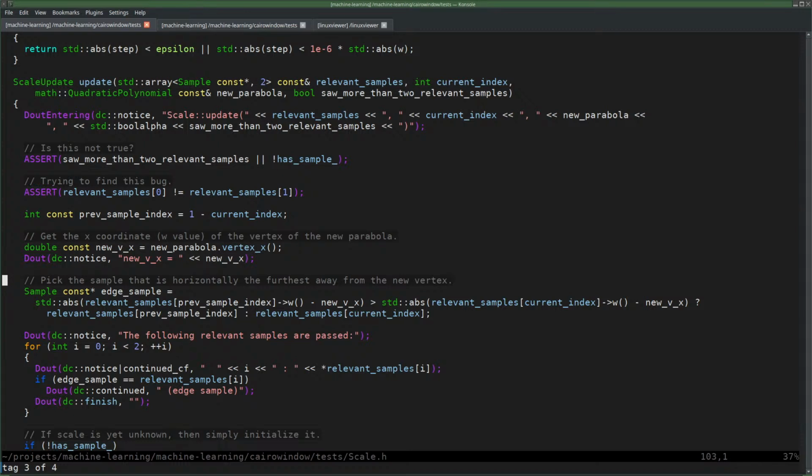Pick the sample that is horizontally the furthest away from the new vertex. From which one? From the relevant samples, I guess.